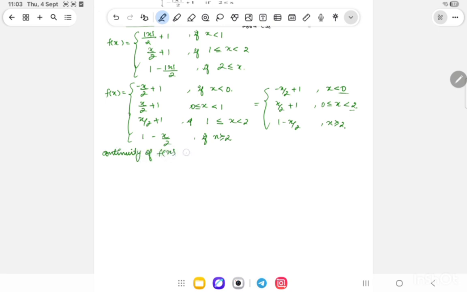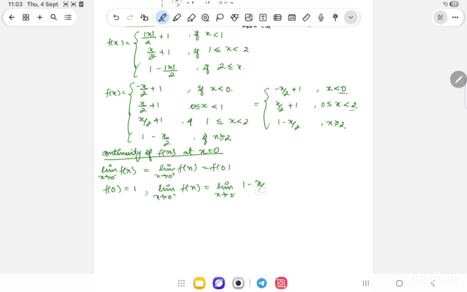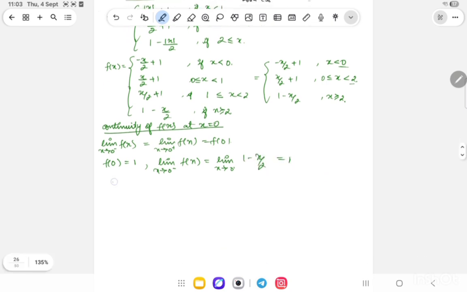So continuity of f(x) at x equals 0: I'm supposed to check whether the limit as x approaches 0 negative of f(x) equals f(0). So f(0) is basically 1, and the limit as x approaches 0 negative of f(x) is the limit as x approaches 0 of 1 minus x by 2, that is also 1, and the limit as x approaches 0 positive of f(x) is the limit as x approaches 0 of 1 plus x by 2, that is 1.